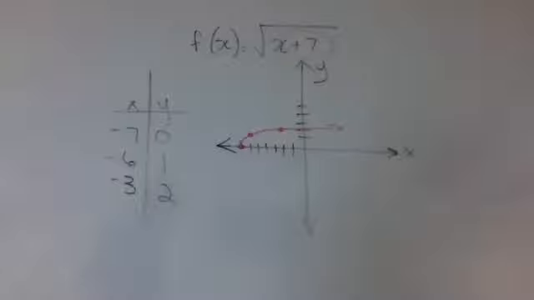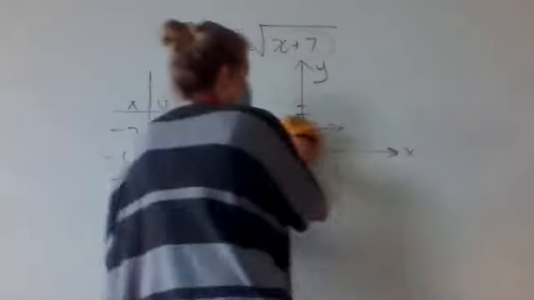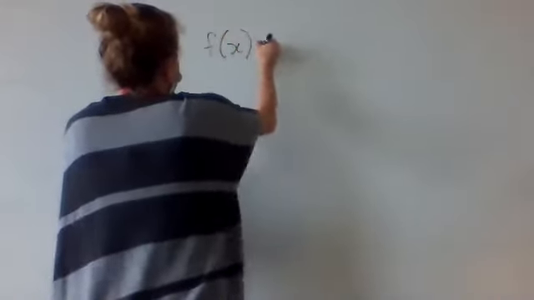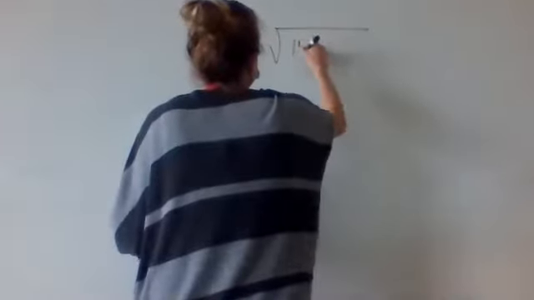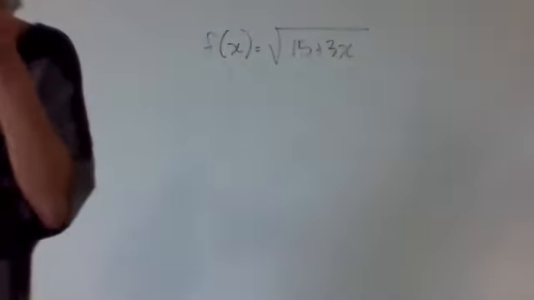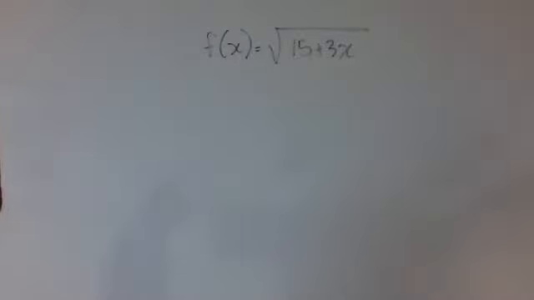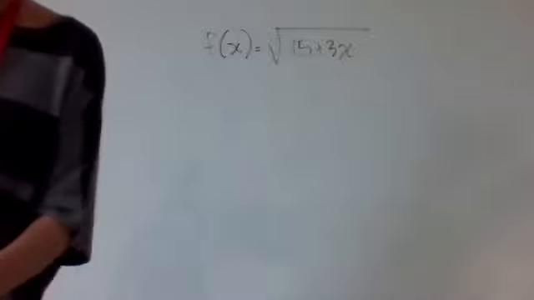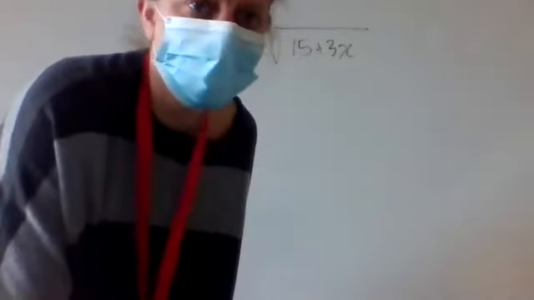Okay, let's look at number 6. F of x equals the square root of 15 plus 3x. I'll put it in my y equals. Hang on.